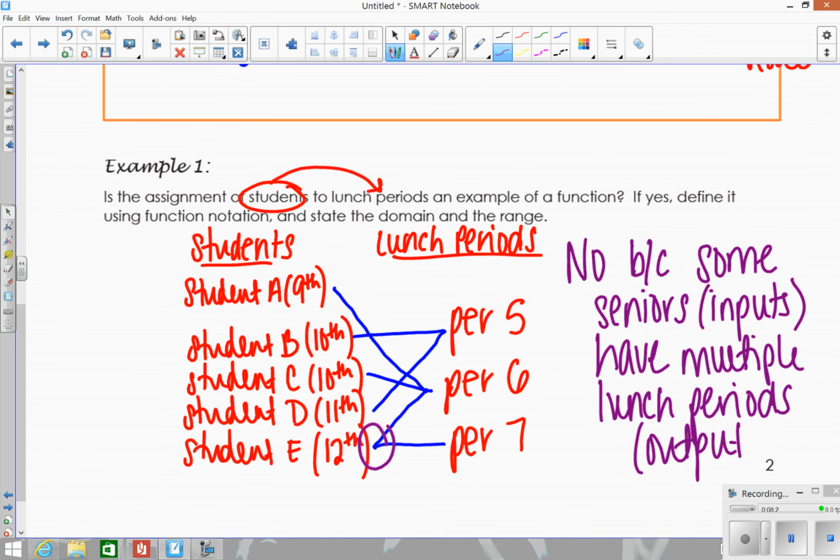Because you have one input that has multiple outputs, that violates the definition of a function. So we don't have to worry about this other part for this example because it only told us to do that if it's a function.